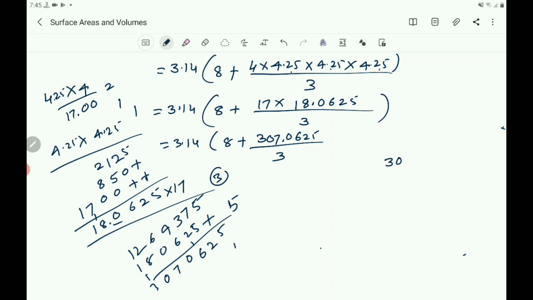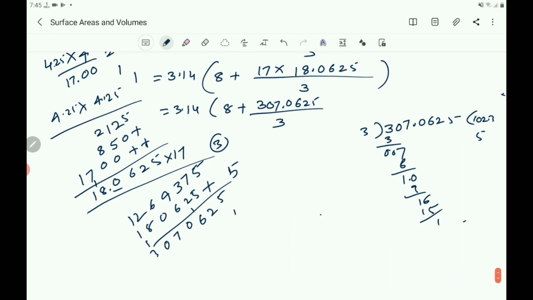Then you divide 307.0625 by 3. 3 ones are 3, and 0 means 10, 3 threes are 9, 1, 3 fives are 15, 3 fours are 12, and 5 is there. So you got 102.3541.